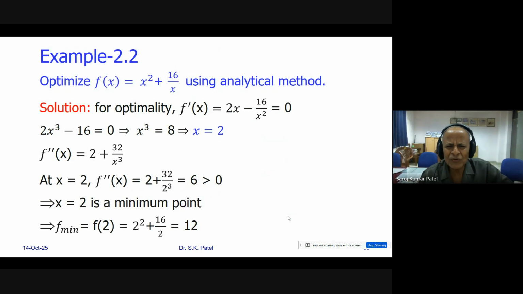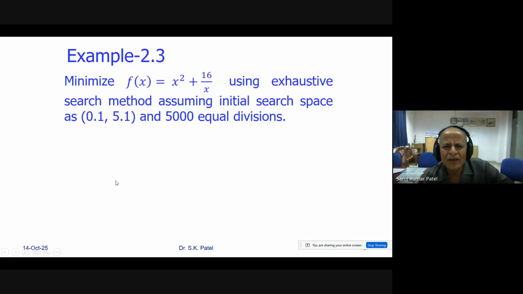So this is all about your exhaustive search method. Now suppose we want to improve the accuracy. In that case, you have to divide this interval into more divisions. Here we are taking 10 equal divisions. If you divide it 5,000 times, the width of the interval will be less and less, and your accuracy will be more and more.